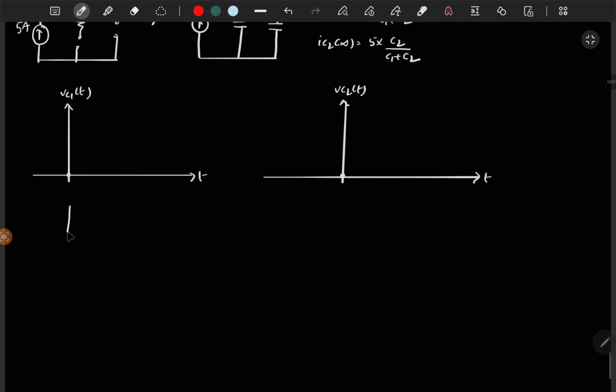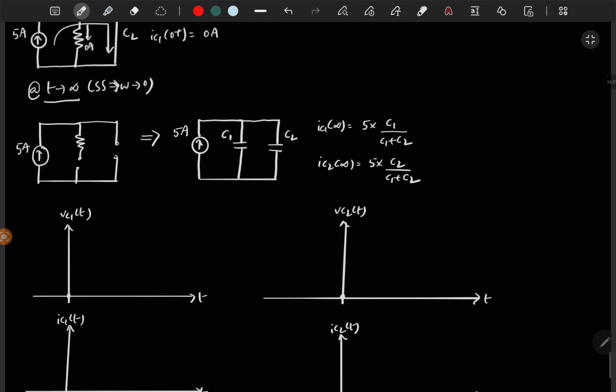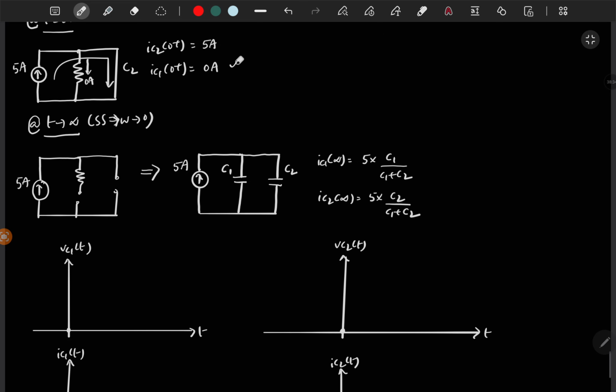So if you can draw IC1 and IC2 and then go back and try to draw VC1 and VC2, then you'll get the idea. So for IC1, initially it is 0 and finally it is going to 5C1 by C1 plus C2, right?